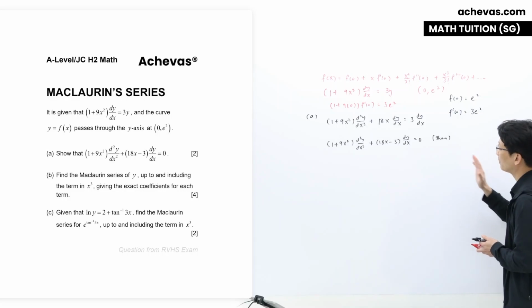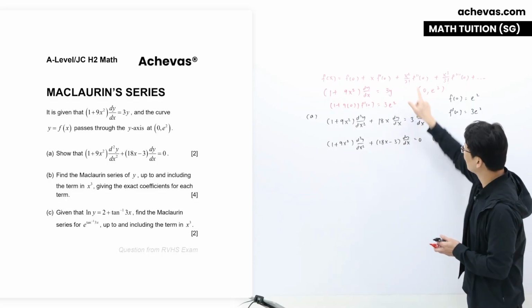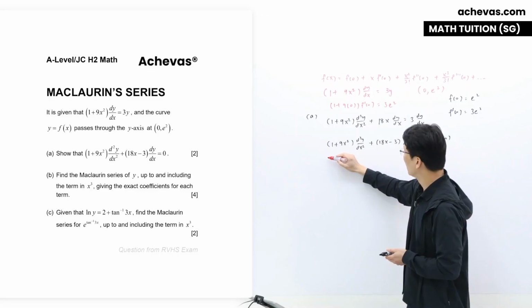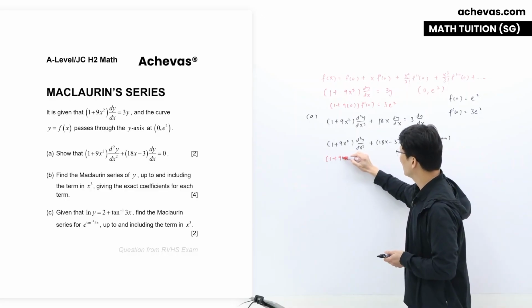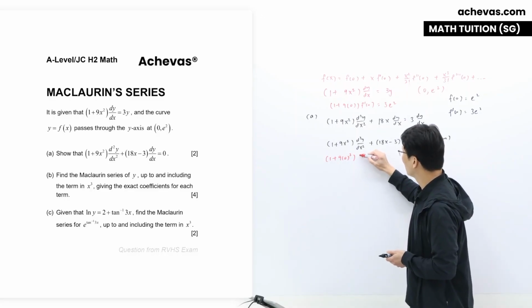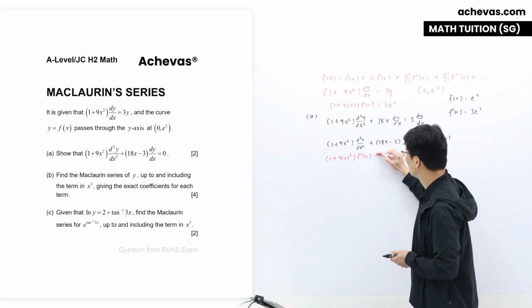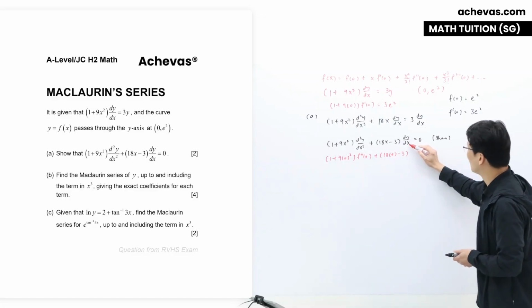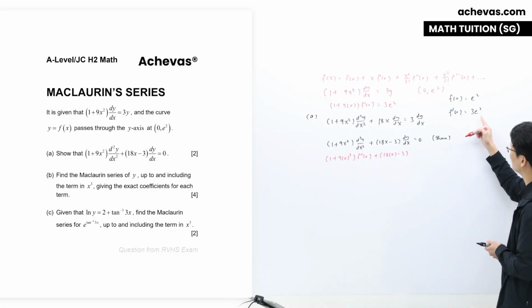I'm going to do a similar process to find my f''(0). So letting x be 0 for this expression, we have (1 + 9(0)²) f''(0) + (18(0) - 3) times the value of dy/dx when x equals 0, which is 3e², equal to 0.